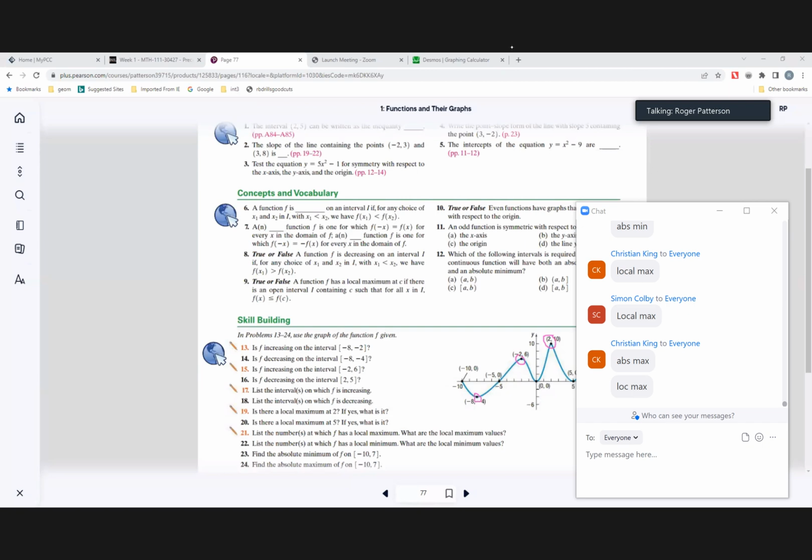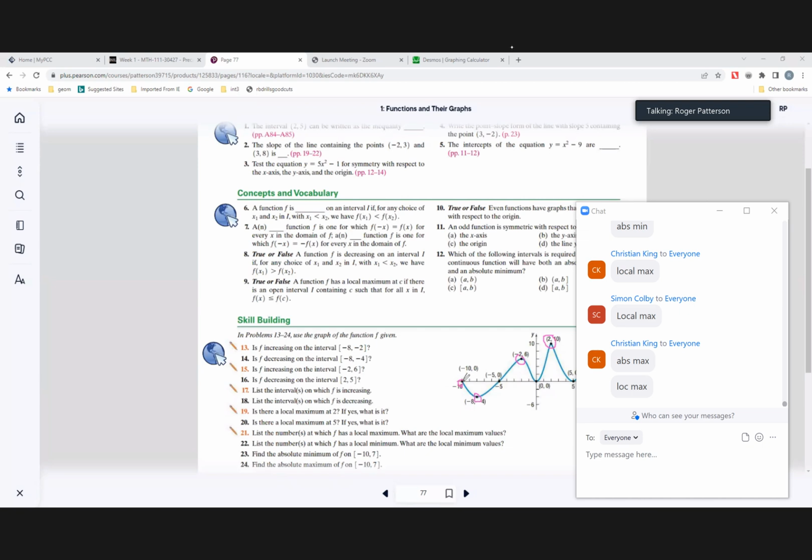Because locals have to be in an interval, that one does not count as either. Obviously there's a higher point than 3, so it's not absolute, but it's also not a local because it is a starting point. The graph actually starts there, or ends there. So neither of these points are local max or mins, because there's no interval that they are in.